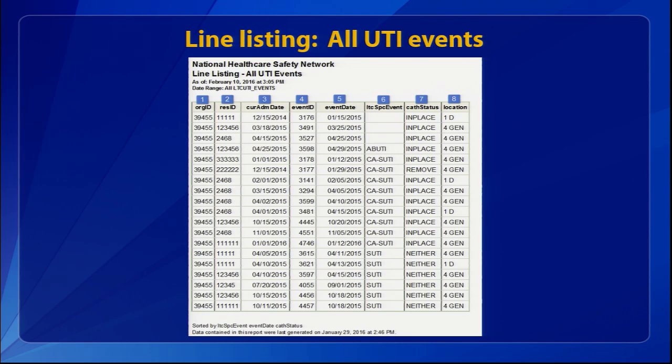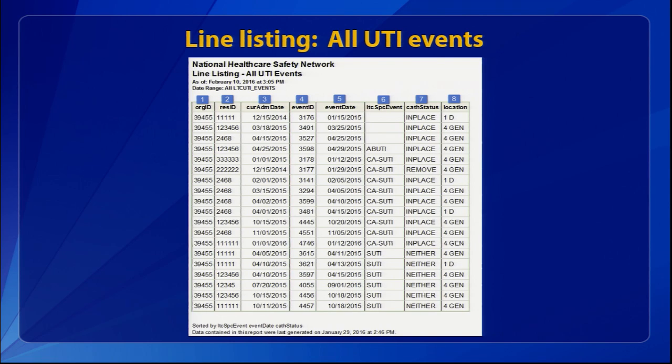So to start, the All UTI Events line list provides a list of all the UTI events reported, and each line represents a UTI event entered into NHSN. As you remember, column 1 is the org ID, column 2 is the resident date, column 3 shows the current date of admission, column 4 is the event ID, and column 5 shows the event date for our events.